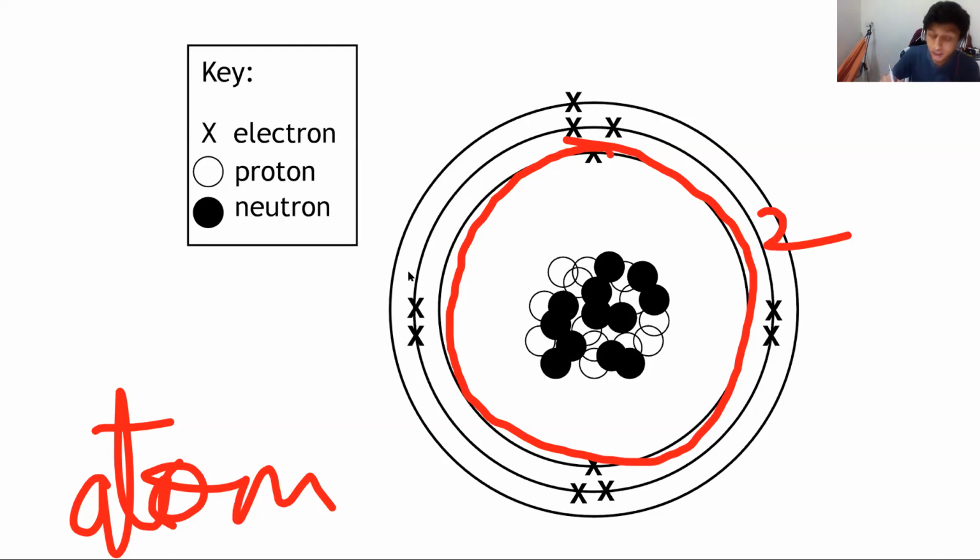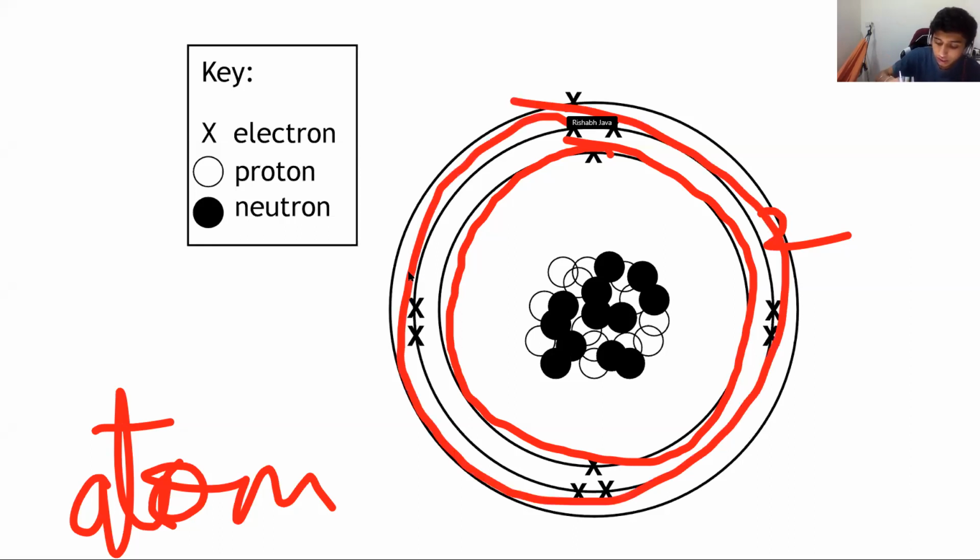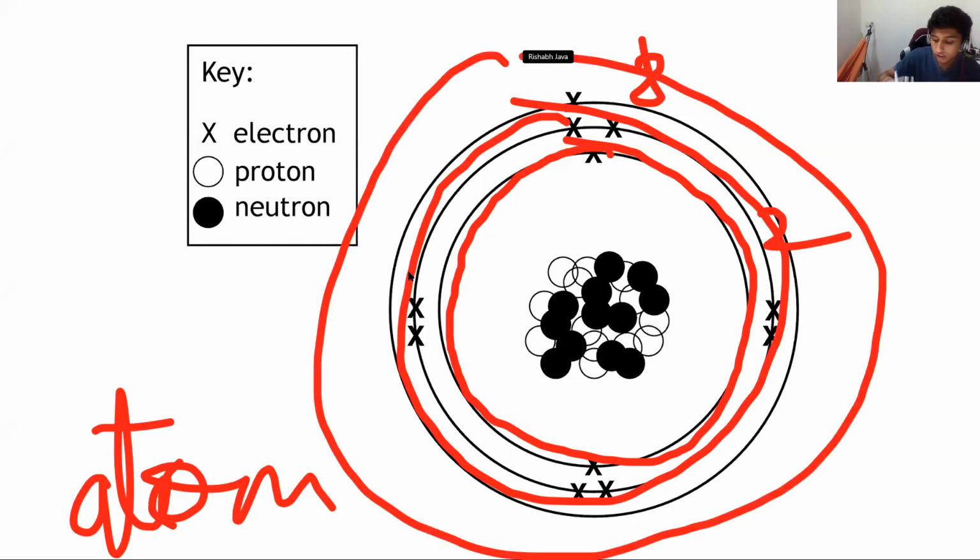Anyways, so you have orbits. Basically, these are paths around the nucleus in which electrons are present. So the first path can take 2 electrons, the second one can take 8 electrons, for example, and let's just say for now that the third one can also take 8. Does that make sense? Now think of it like this.